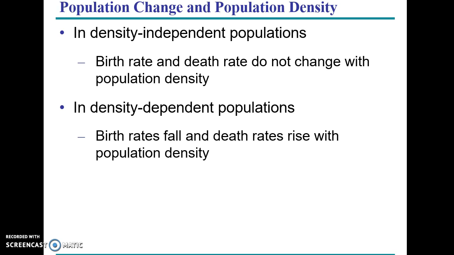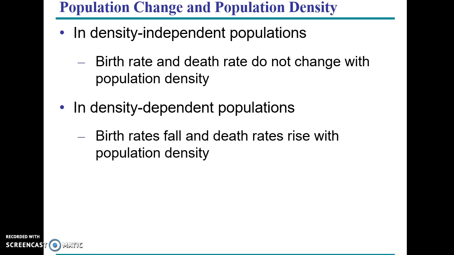Because if you have a lot of disease spreading within that population, if you have a lot of predation within that population, if there's a lack of space within that population, because to give birth to a baby and raise a baby, regardless of what the species is, if they are mammals, I'm taking mammals into consideration where there's considerable parental involvement, the birth rate will drop and the death rate will increase.